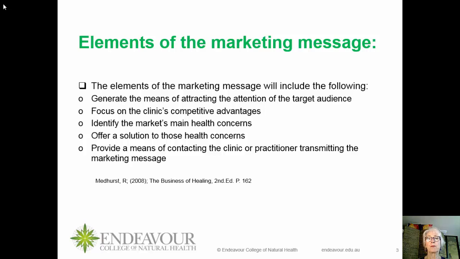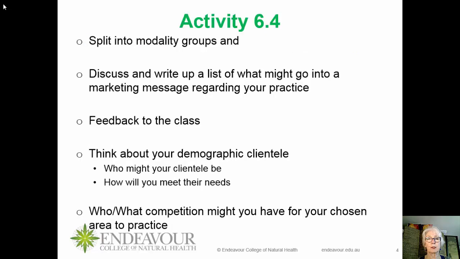You might say assistance with psoriasis, or we work with psoriasis, or something to that extent. Provide a means of contact in the clinic with a practitioner transmitting the marketing message. So don't forget to put your contact details in, because you're wasting all that marketing money and that message if somebody can't contact you and take advantage of the message that you're putting out.